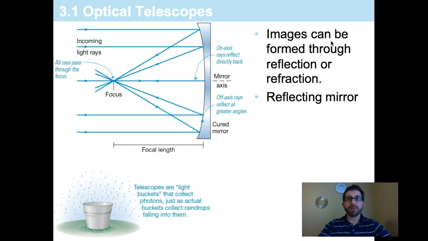Telescopes are kind of like a big bucket that collects light. Imagine a scenario where you forgot, on a nice summer day, you had a pool party, and you left your drinks and the cups outside in the rain.